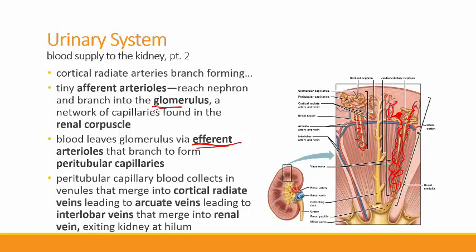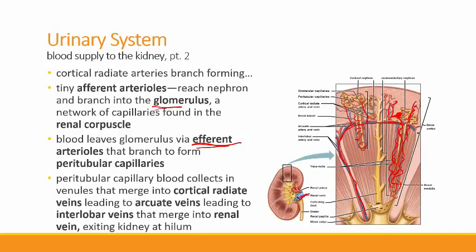So the naming mirrors exactly the naming of the arteries. The arcuate vein then leads to an interlobar vein, and we have a couple of arcuate veins that will merge to form the interlobar veins, and eventually all of that blood will exit the kidney at the renal veins. So out goes the blood.